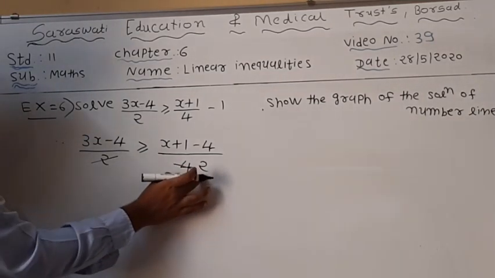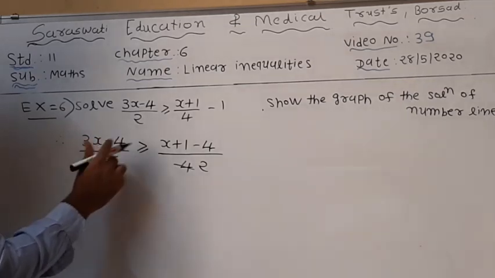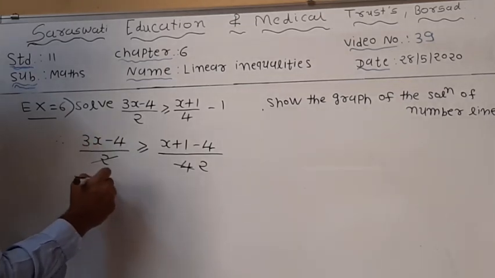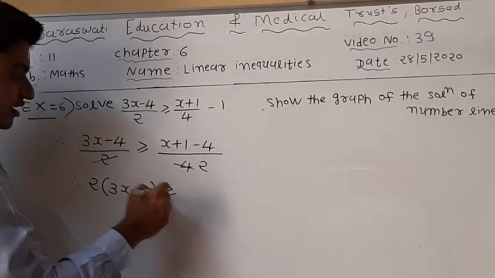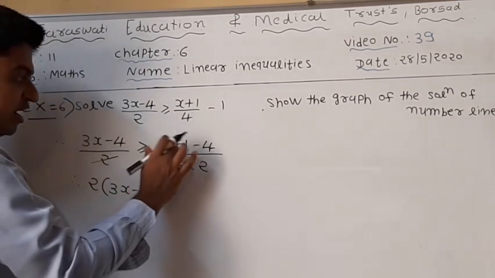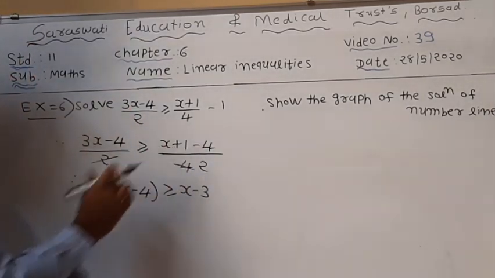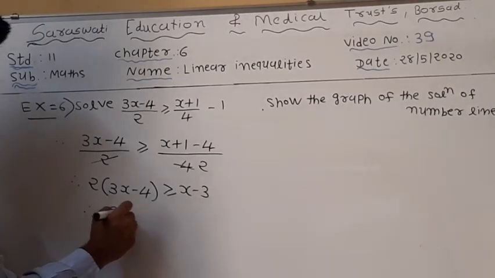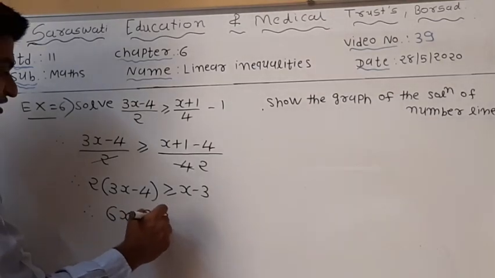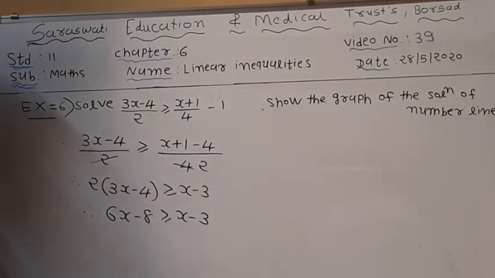Now since 2 is in the denominator, multiply with 3x minus 4. So 2 into bracket 3x minus 4 greater than or equal to x minus 3. Now after opening this bracket, 6x minus 8 greater than or equal to x minus 3.